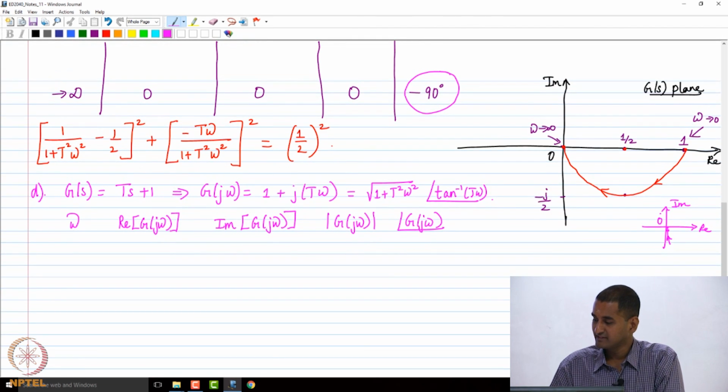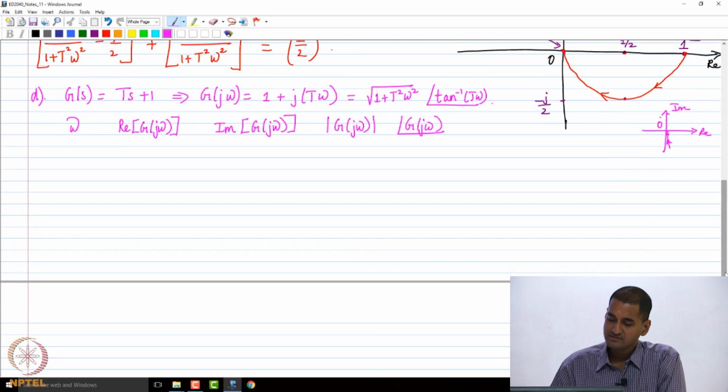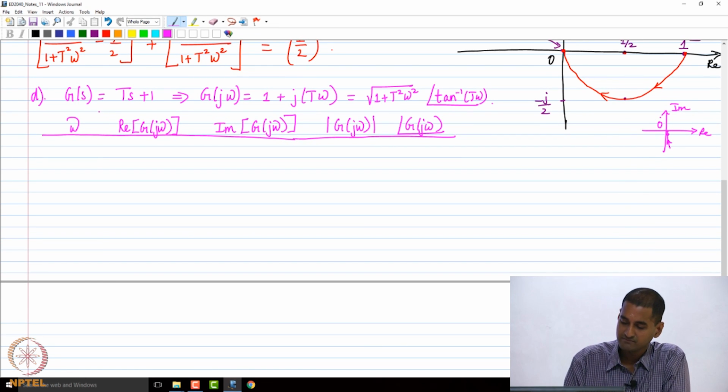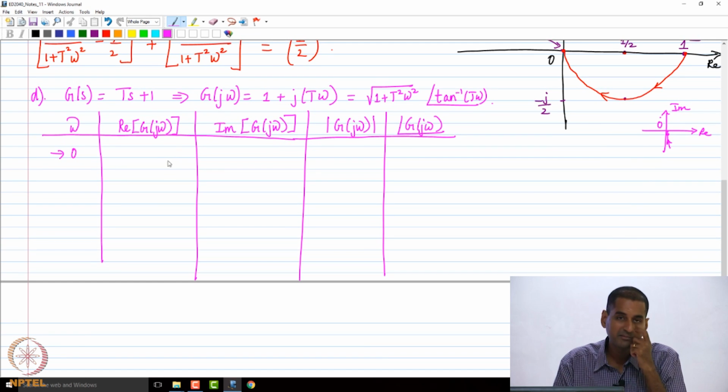Okay, so let's start filling in this table using a similar approach. As omega tends to 0, what happens to the real part and the imaginary part? 1, 0, 1, 0 degrees, right? The magnitude is 1, phase is 0 degrees.